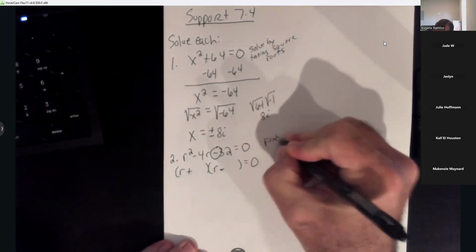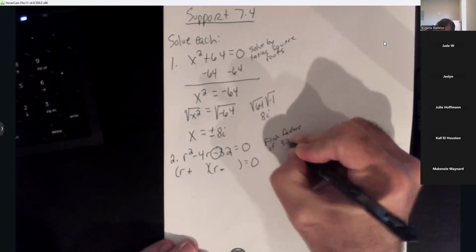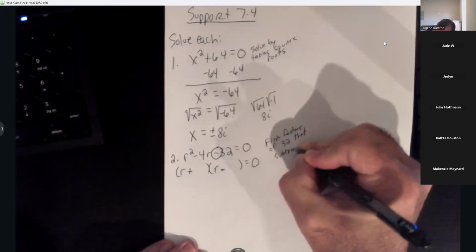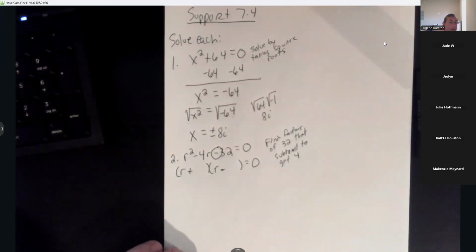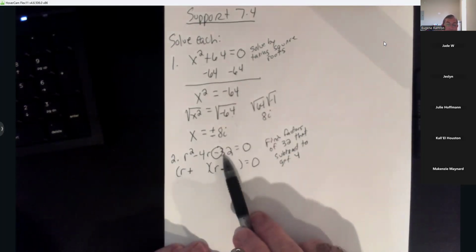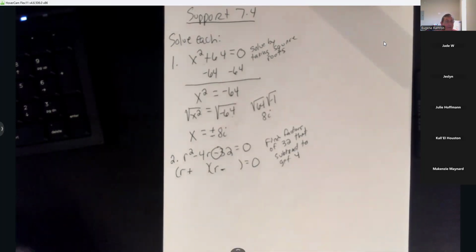So find factors of 32 that subtract to get 4. What can y'all multiply to get 32, and those two numbers will subtract and give me a 4? So y'all, we can use our calculator if you want to, remember.